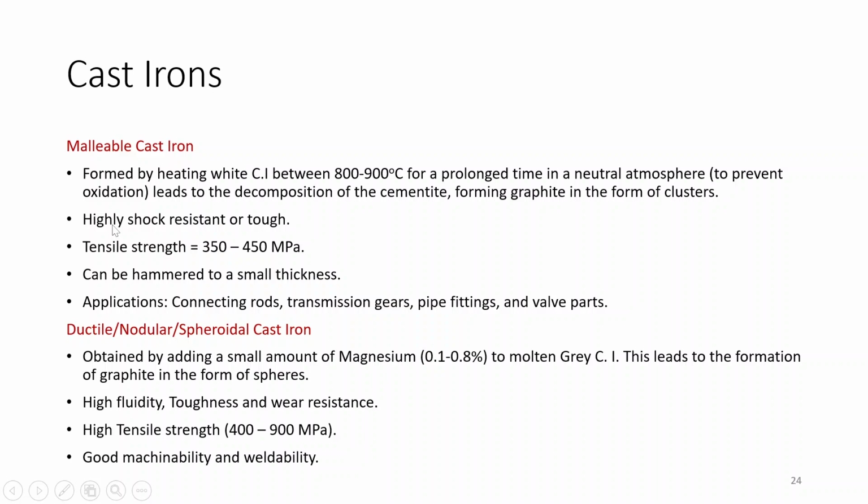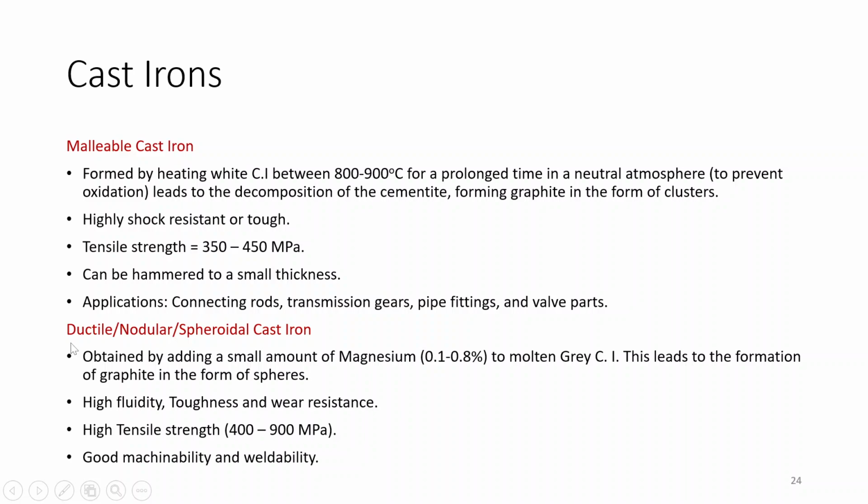And this malleable cast iron is highly shock resistant, and it also has high toughness, and the tensile strength will be between 350 to 450 megapascal, and it can be hammered to a small thickness. Okay, and the applications are in making connecting rods, transmission gears, pipe fittings, and valve parts.